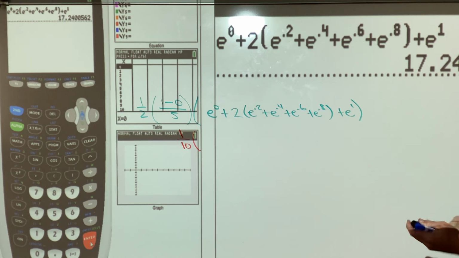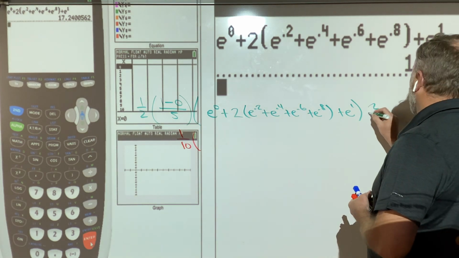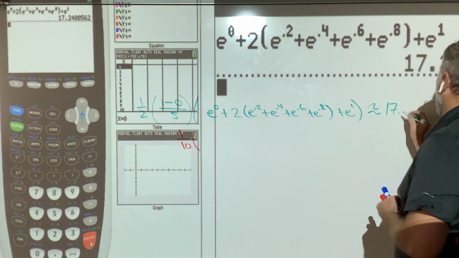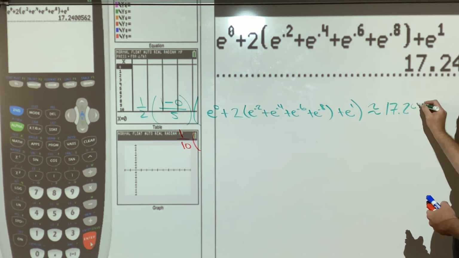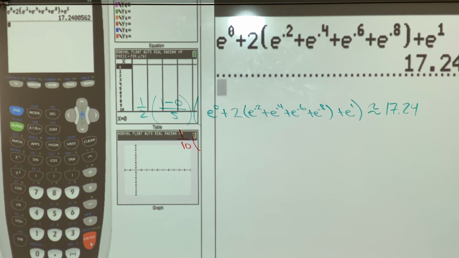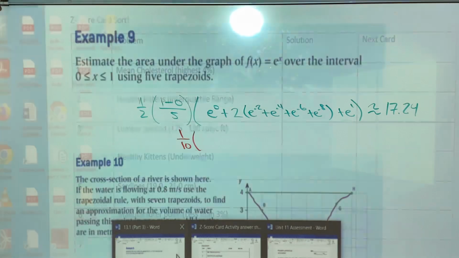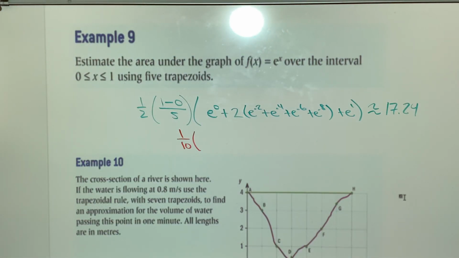All right? So this trapezoidal approximation gets us an area of 17.24. Or if we were just going to 3 decimal places, we would say 17.2 units squared.